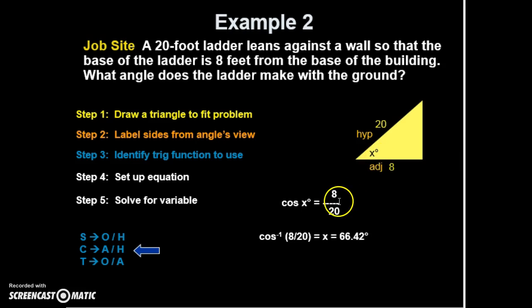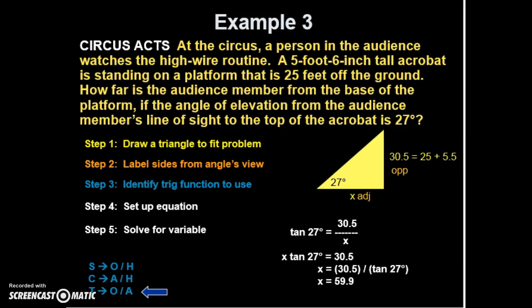So the cosine of the angle equals adjacent over hypotenuse. To solve for the angle, we take the cosine inverse of the side ratio. The angle is 66.42 degrees, so the ladder makes an angle with the ground of 66.42 degrees.